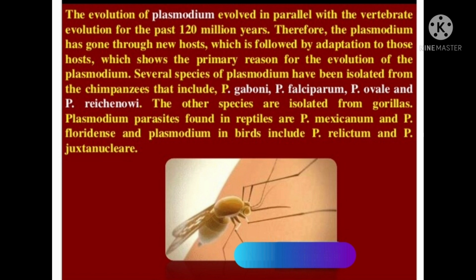Plasmodium in birds include Plasmodium relictum and Plasmodium juxtanucleare. Due to this huge diversity of affecting different kinds, Plasmodium has evolved in a very neat way that cannot be prevented easily by other organisms like humans.